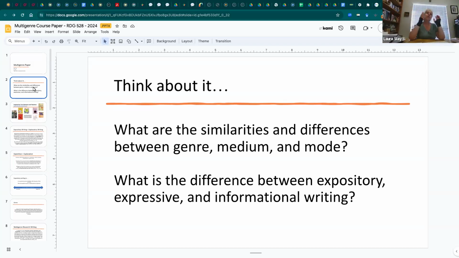Now, we use different tools to express that. We use different craft mechanisms to express that. We have different audiences to whom we're speaking, and we have different purposes for writing. But at the end of the day, we're informing people about something. I've had people say it's all persuasive.